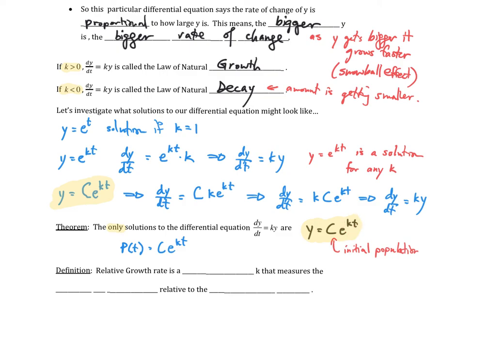And then you're going to get that your initial population y is just going to be equal to that c. So that's why c is frequently called the initial population. So really the solutions to this differential equation are going to be a whole family of functions. And this whole family of functions may have different initial populations, but they're going to have this general shape.